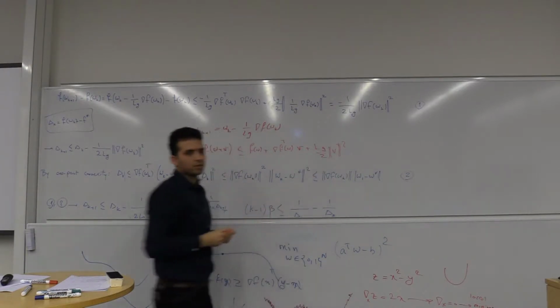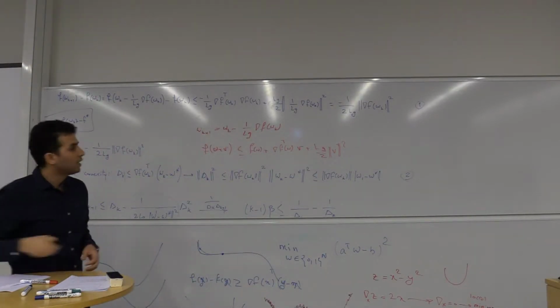We'll assume that all the norms are norm 2. So this is the definition of smoothness.